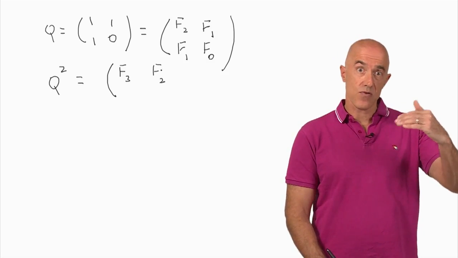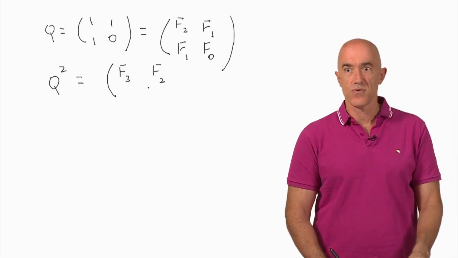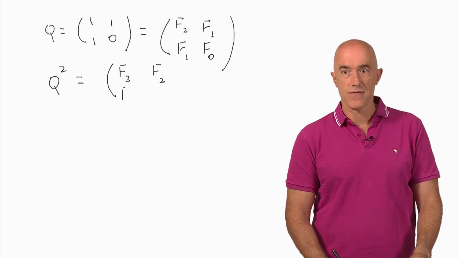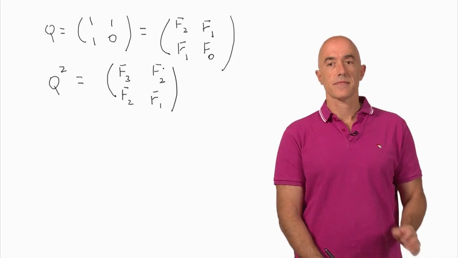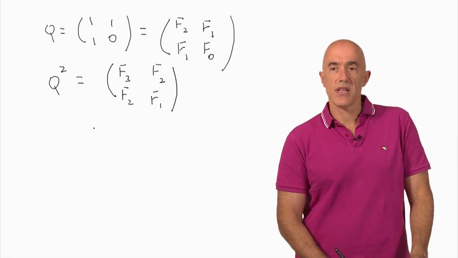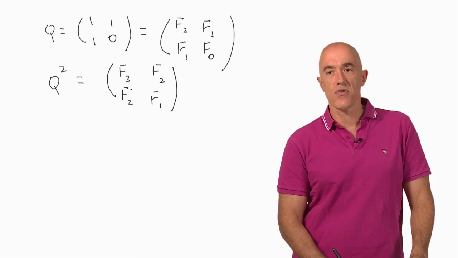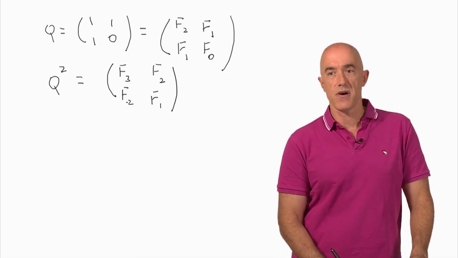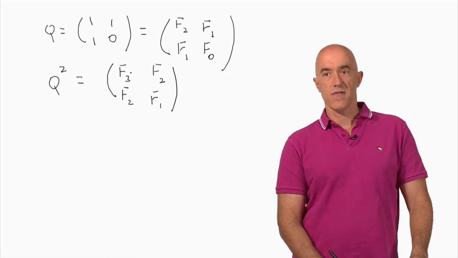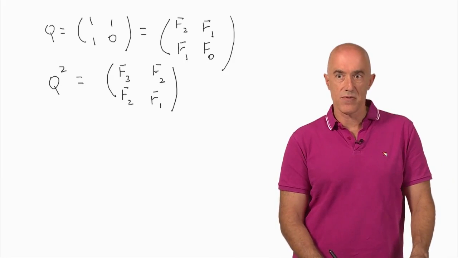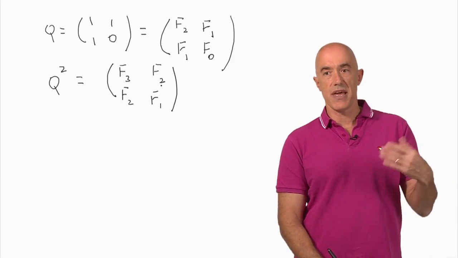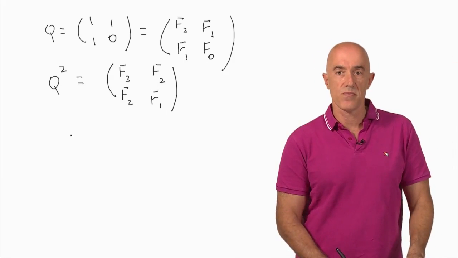And the second row gets replaced by the first row, so then we have an F2 and an F1. Okay? And it continues like this. So Q cubed will replace the first row by the sum of the first row and the second row. So this will become an F4, and we'll replace this element here by the sum, so this will become an F3, and so on. And it will build up.